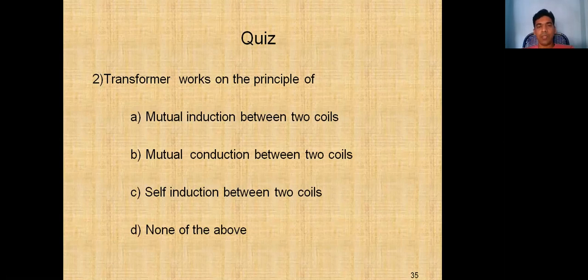The current passing through the primary winding produces flux. This flux links the secondary winding and produces induced EMF in the secondary winding. So statically, it is a mutually induced EMF. Flux produced in one winding cuts the other winding: mutual induction between two coils.